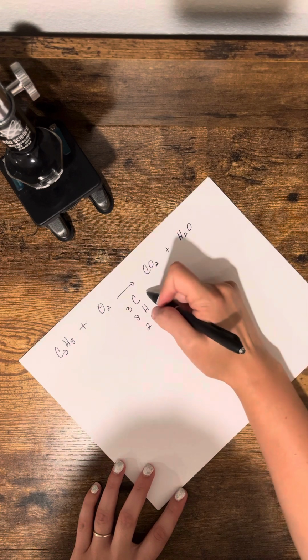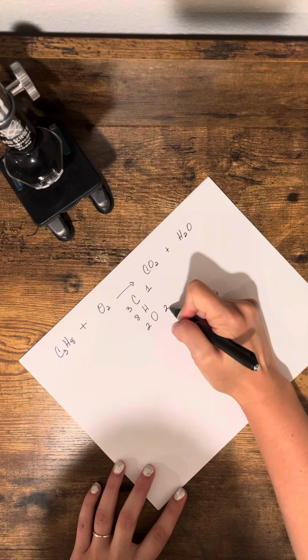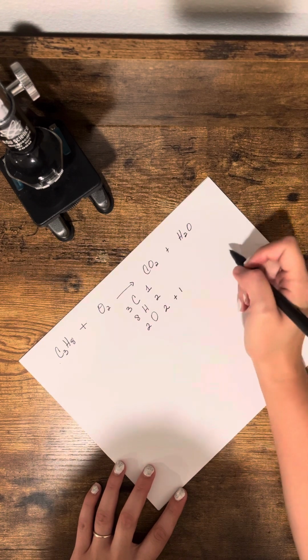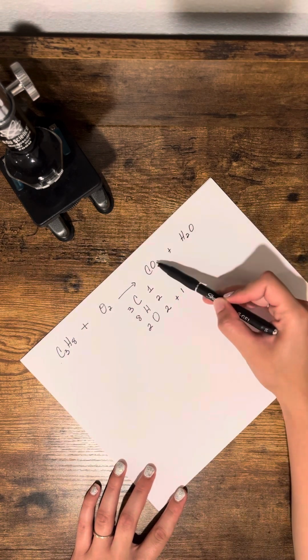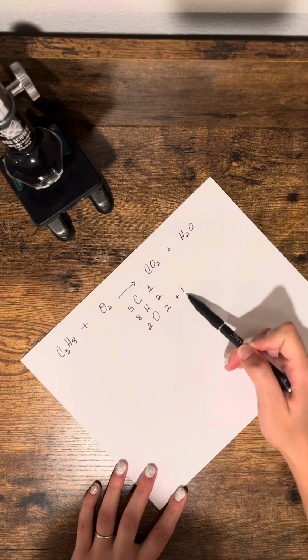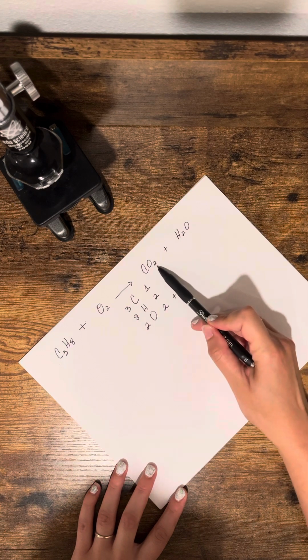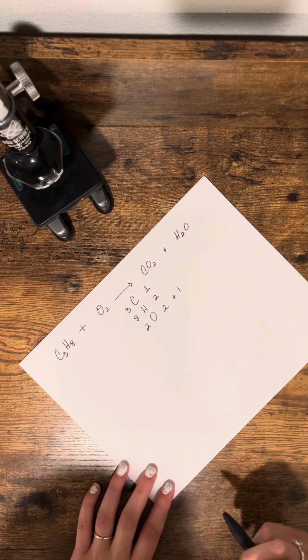Now we have 1 carbon on the product side, 2 oxygens, 2 hydrogens, and 1 more oxygen. Now remember, these oxygens are in different molecules, so we're going to keep them separated. Yes, there are 3 oxygens all together, but they are in the form of 2 plus 1, so we want to keep them in the form of 2 plus 1.